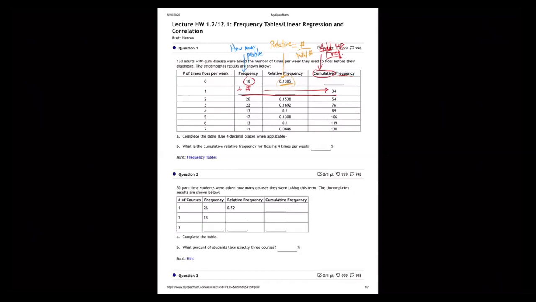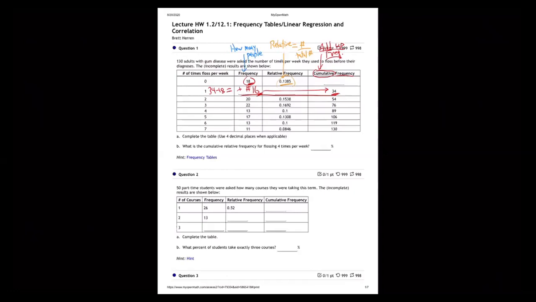What's this number? 34 minus 18, yeah, subtract, right? What is that, 16? So that number's got to be 16. So everybody see how I came up with that being 16? Because these two frequencies have to add up to be the cumulative frequency on that line. That's what cumulative means.